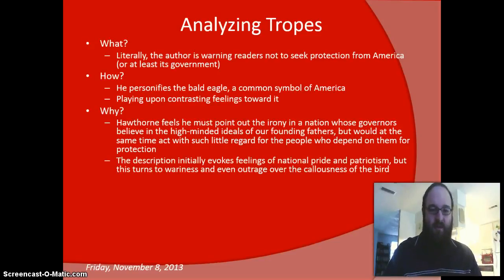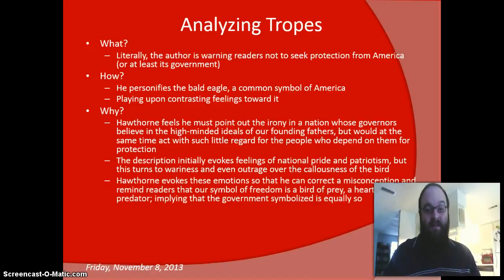The initial description of the eagle evokes our feelings of national pride and patriotism, but this quickly turns to wariness and even outrage over the callousness of the bird, as he describes how it can quickly change its mood, so to speak, to fling its own nestlings out of its nest, how callous and heartless it is. Hawthorne evokes these contradicting emotions of national pride versus feelings of outrage and callousness.